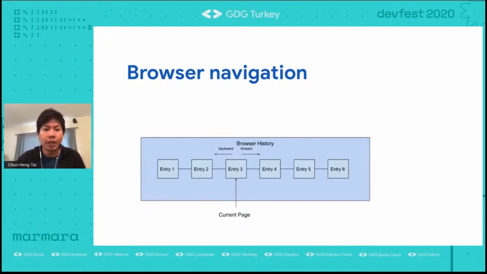The browser will check whether there's an entry before or after that to decide if there will be a forward or backward button. So in this case, if the user pushes the forward button, it moves the pointer to the next entry, and then it retrieves the URL and the state associated with it and sends that to the application to update.